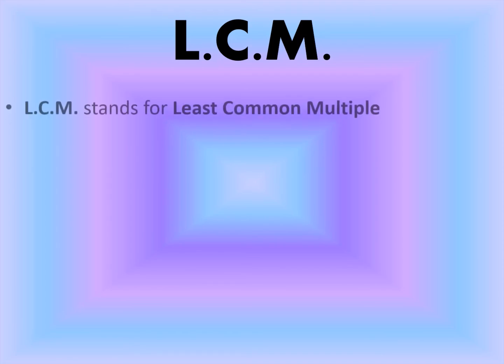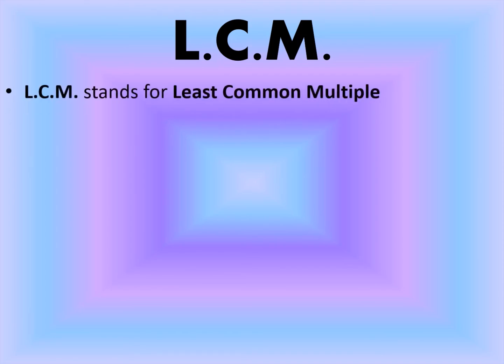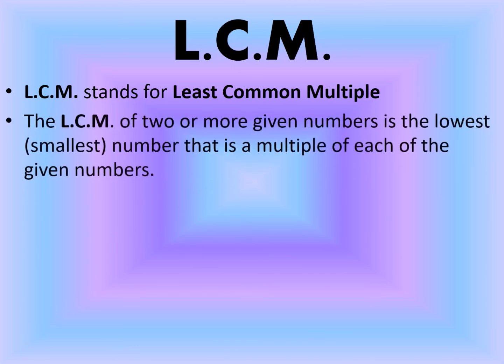Now let's discuss what is LCM. LCM stands for least common multiple. The LCM of 2 or more given numbers is the lowest or smallest number that is a multiple of each of the given numbers.